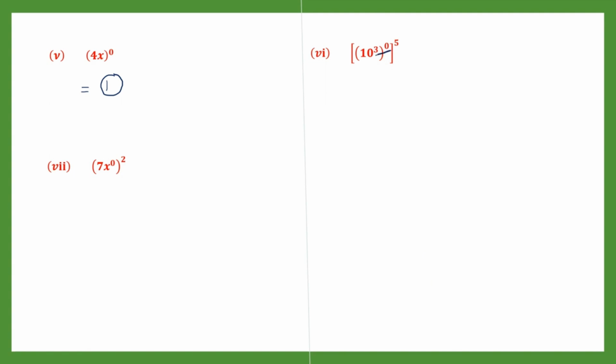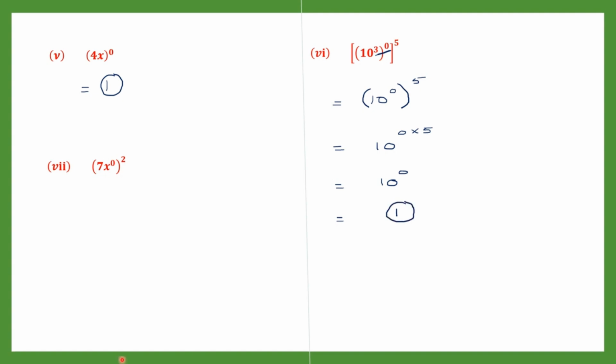So let's use the power law and multiply. So this becomes 10 to the power of 3 into 0, which is 0. Now this whole thing, 10 to the power of 0, is now raised to the power of 5. So here this becomes 10 to the power of 0 into 5, and we know that 10 to the power of 0 into 5 is 0. So now 10 to the power of 0 is 1. So our answer here is 1.